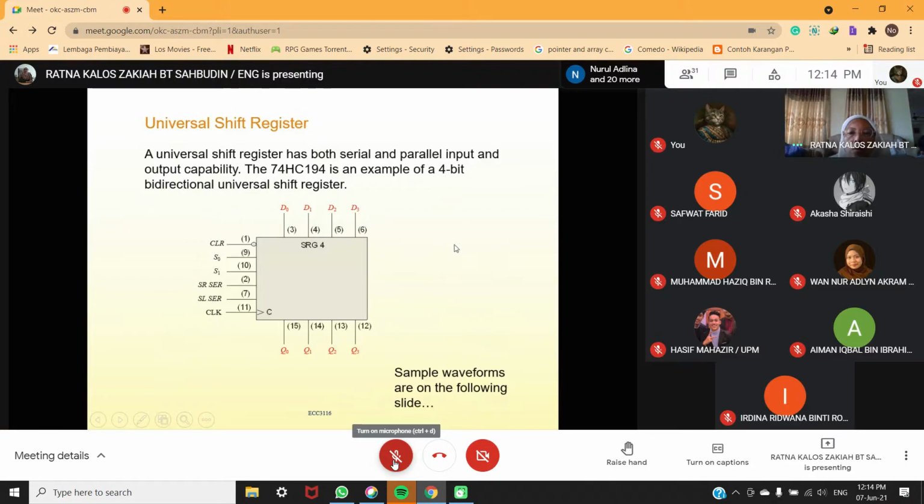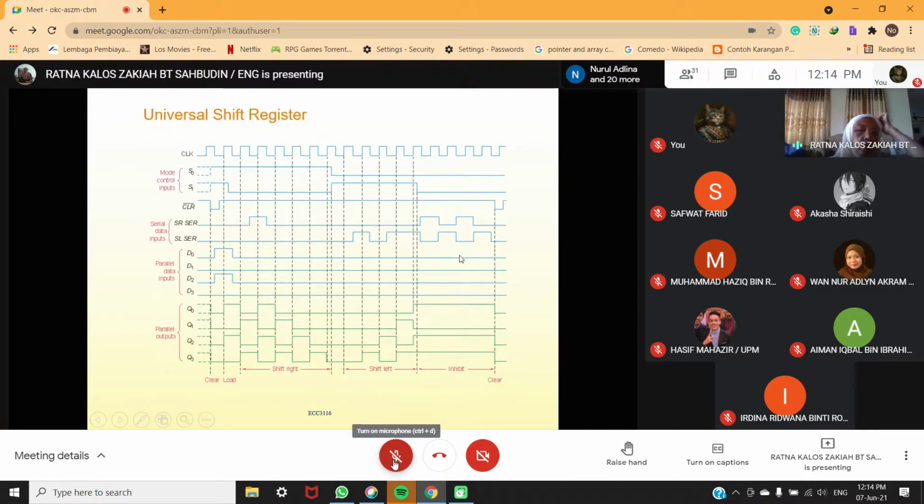Okay, so now this is the waveform. Can you see this waveform? This is quite difficult to explain to you. Now look at the clock. This is positive edge, right? And then you have mode control input.